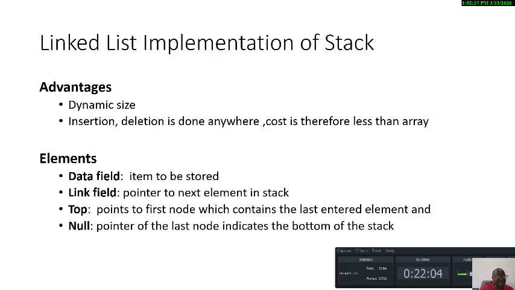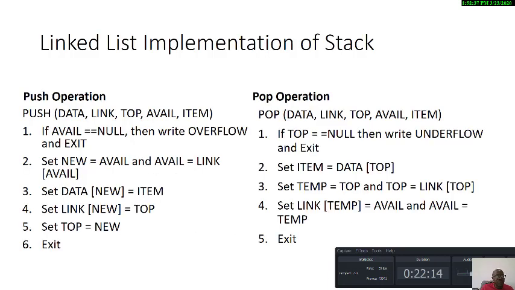Here we're also going to look at the two major operations, the push and the pop. So let's start with the push operation using the linked list implementation. With the push, you need your data variable, that is the variable that holds the data. You need the link pointer that will point to the link. You need the top. Here you are going to put something into the linked list.